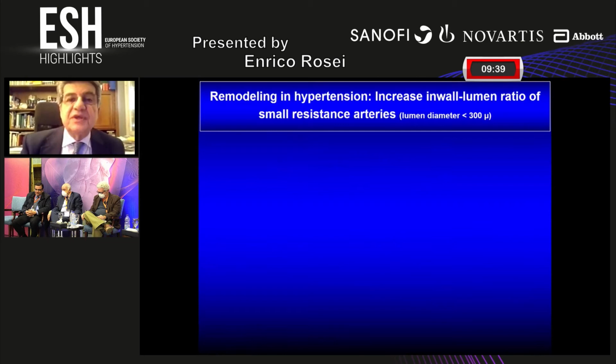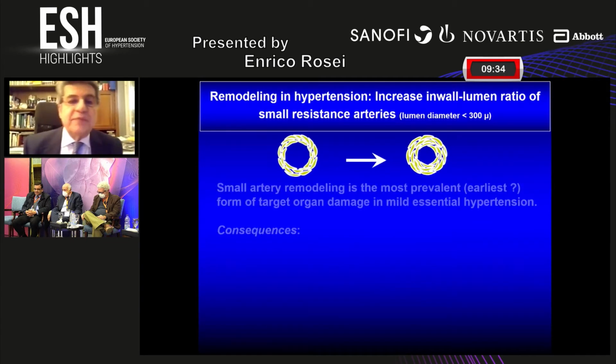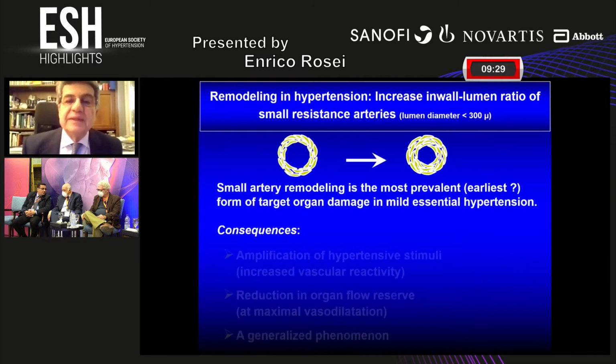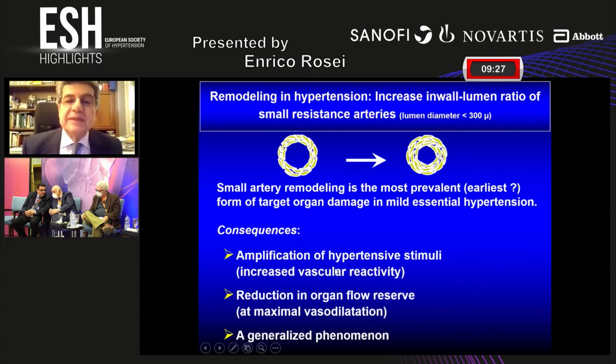Because of this remodeling of the small arteries, either eutrophic or hypertrophic, there are several important pathophysiological consequences. There is an amplification of any hypertensive stimulus. That means there is an increased vascular reactivity. For the same decrease of the diameter of the lumen of the vessel, there is an amplification of the resistance to flow.